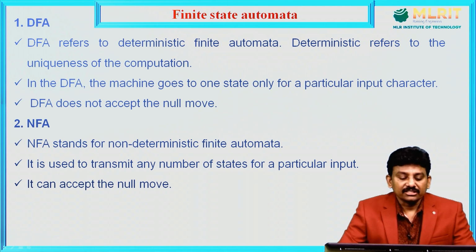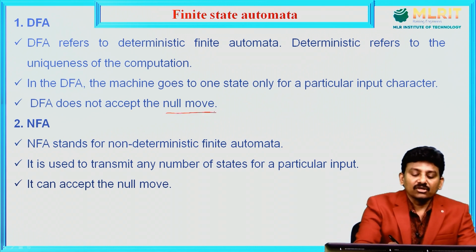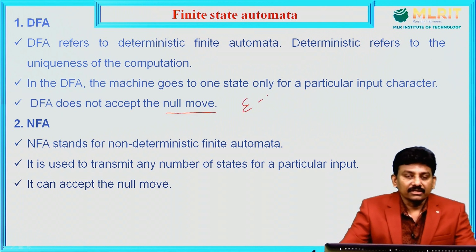DFA does not accept null moves. DFA computation is unique. That means for one input symbol, only one transition is possible, that is, the next state is uniquely identified, and also epsilon moves will not be allowed in DFA.